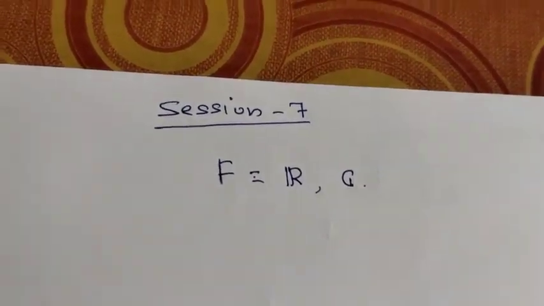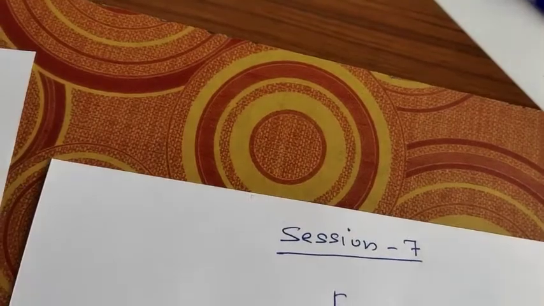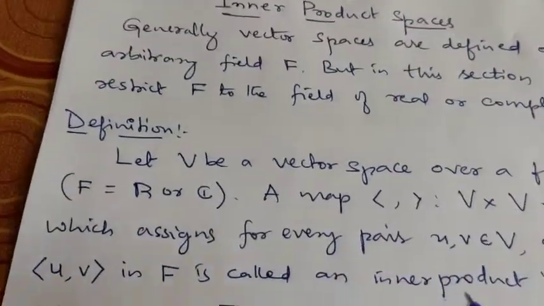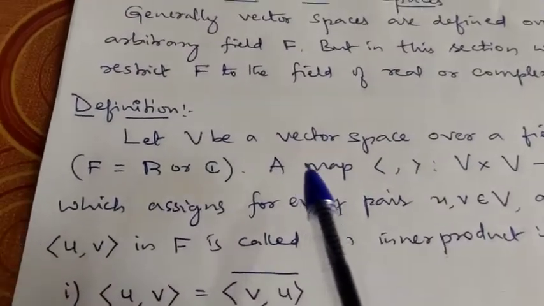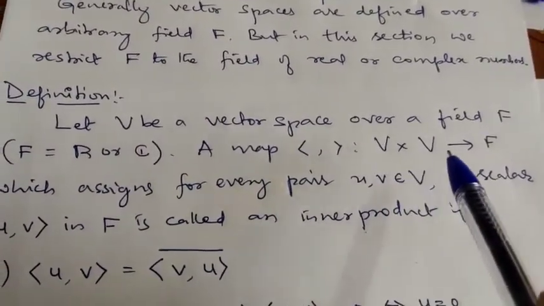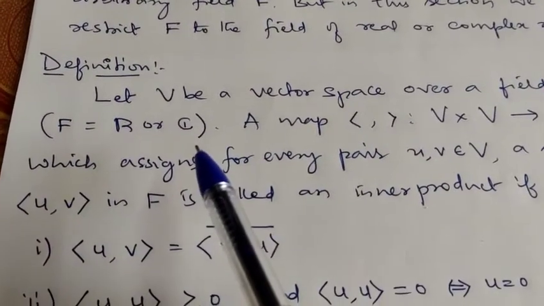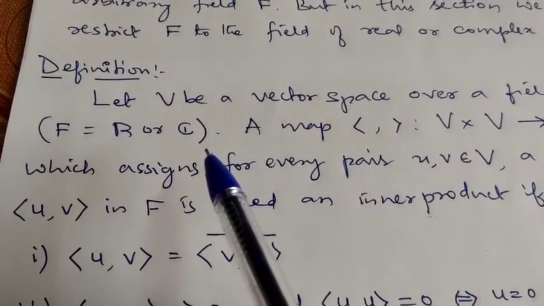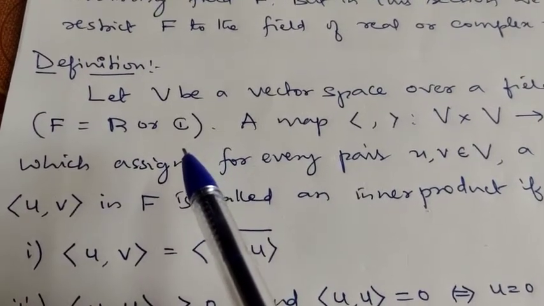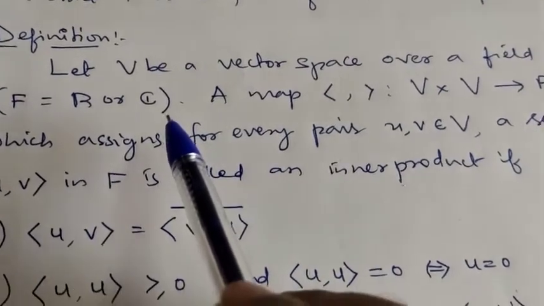First we'll define what is meant by an inner product space. Let V be a vector space over a field F. F is, as I said, either the set of real numbers or complex numbers.